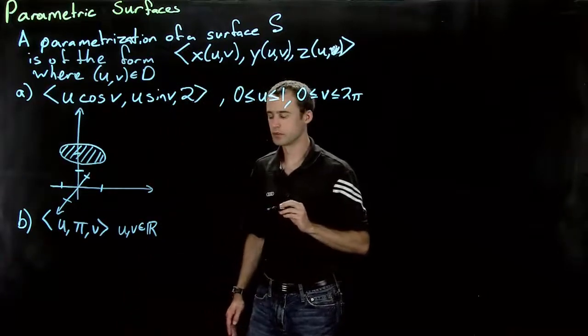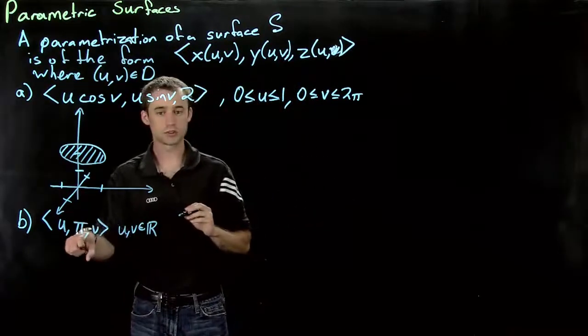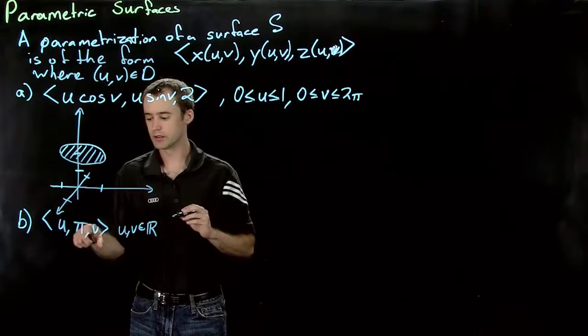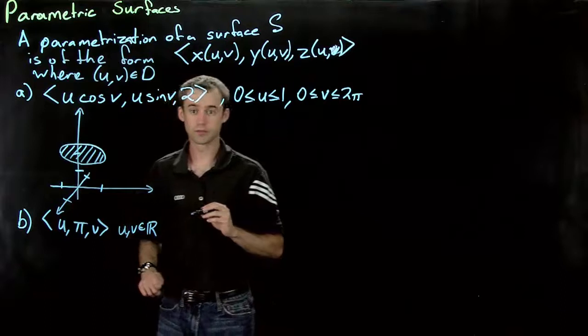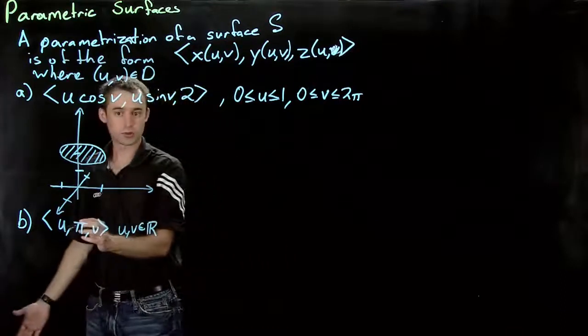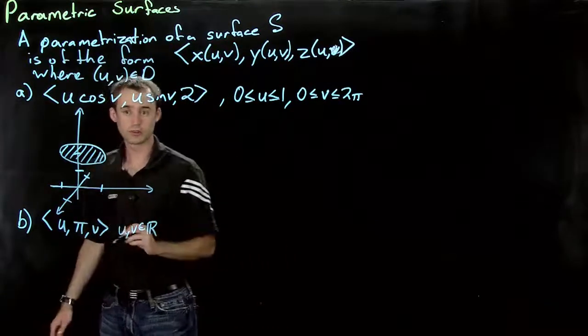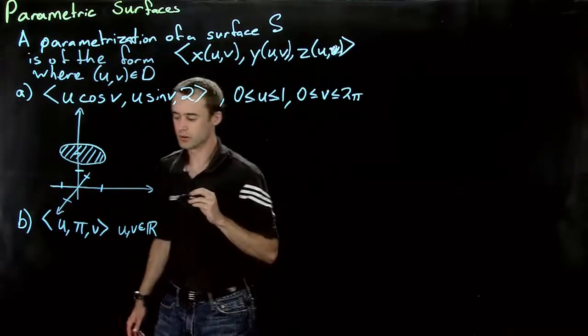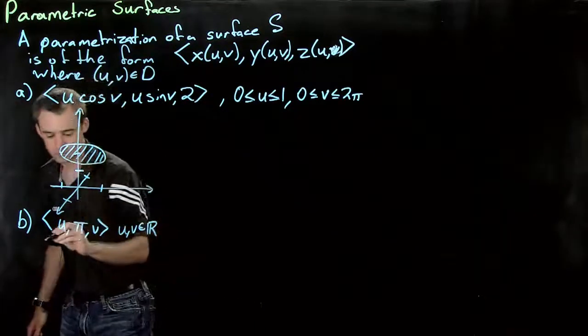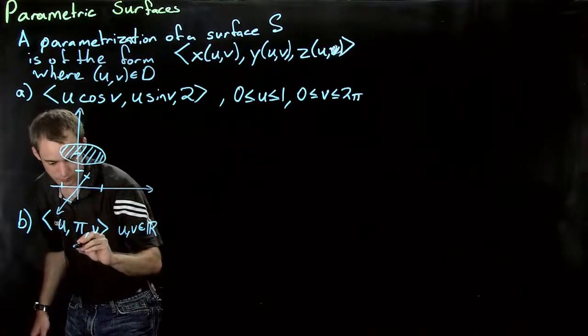So now we've noticed that this entire surface must lie at y equals pi. But there's no restrictions on u or v, so that means we get the entire plane of y equals pi. So let's see if we can draw that.